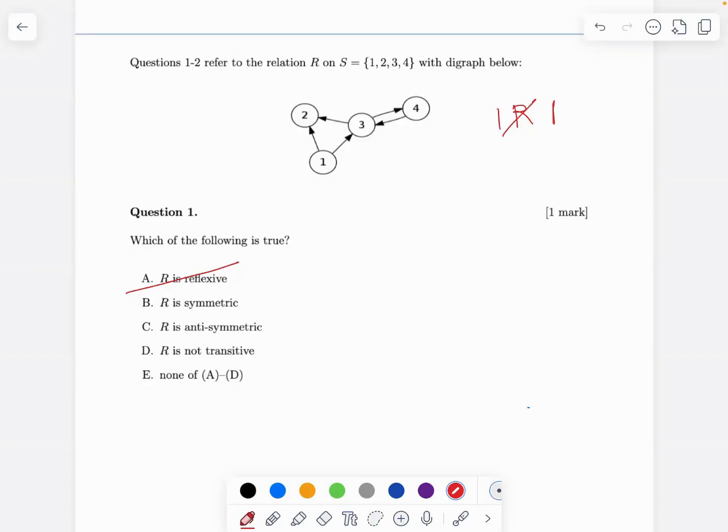R is symmetric? Well, 3 has a relation with 2, but 2 doesn't have a relation with 3. Symmetric means if A has a relation with B, then the other side should be true as well. R is anti-symmetric?